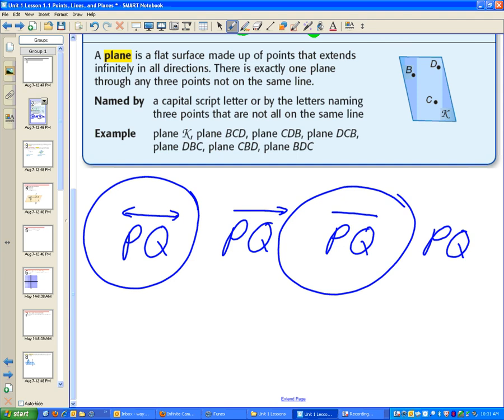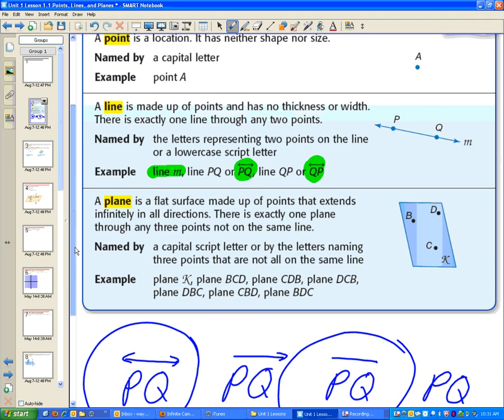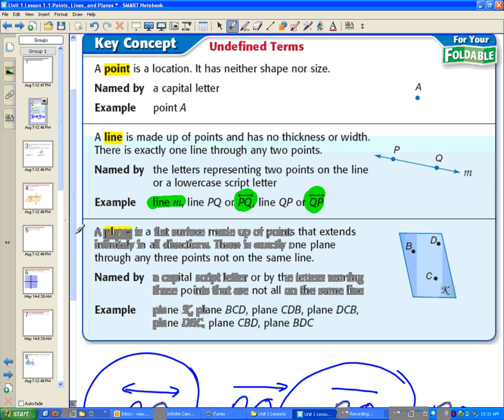All right. So we've got points, we've got lines. Our third undefined term is plane. Now, you've always heard of a plane being a flat surface, and it is. So, nothing new. So, the book says a plane is a flat surface made up of points that extends infinitely in all directions. All right, let's stop there.